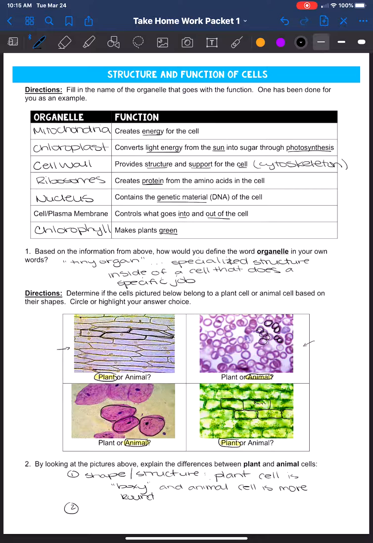And then we also said, looking at the organization of them, the animal cells are more spread out.